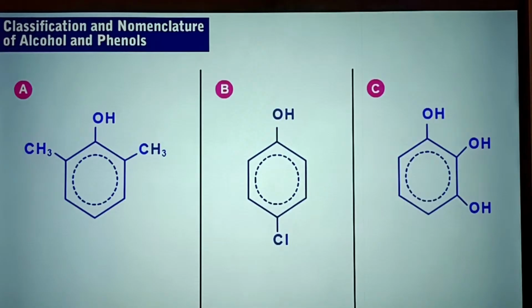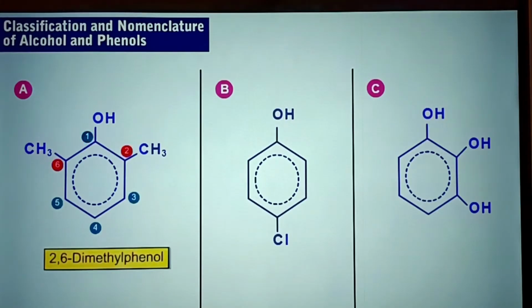Let's do some more practical problems. Give the IUPAC names of the compounds shown here. Remember the location of the hydroxyl group is carbon number 1. So molecule A can be named 2,6-dimethylphenol.